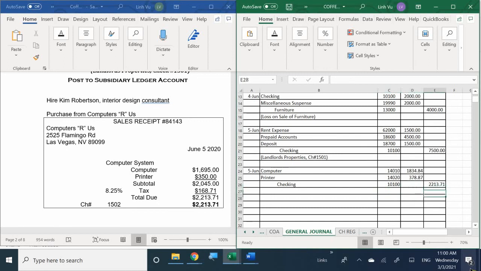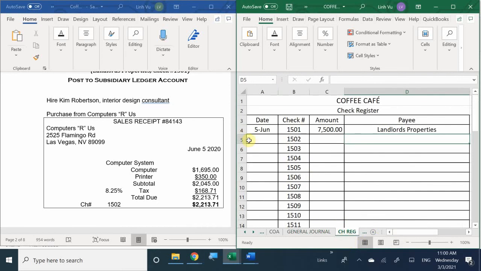So since we did the math here, I know for a fact that my debits and my credits should match. In this case, let's go ahead and write our check first and then come back and figure out the rest of the journal, okay? So head to your check register. When was the date I wrote this check out for?